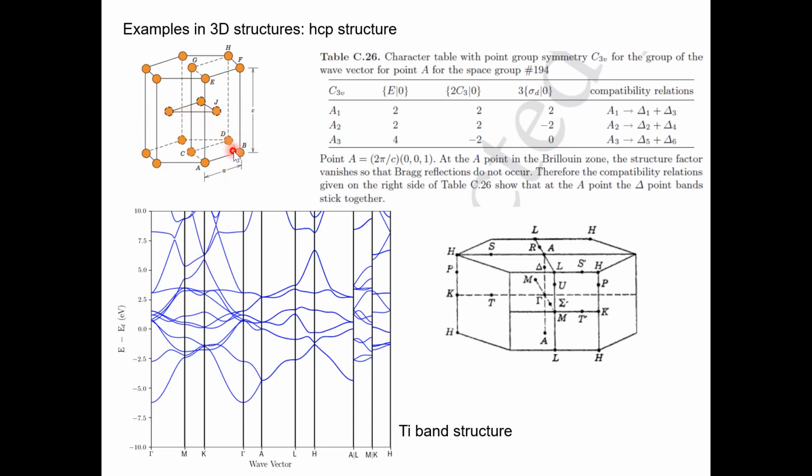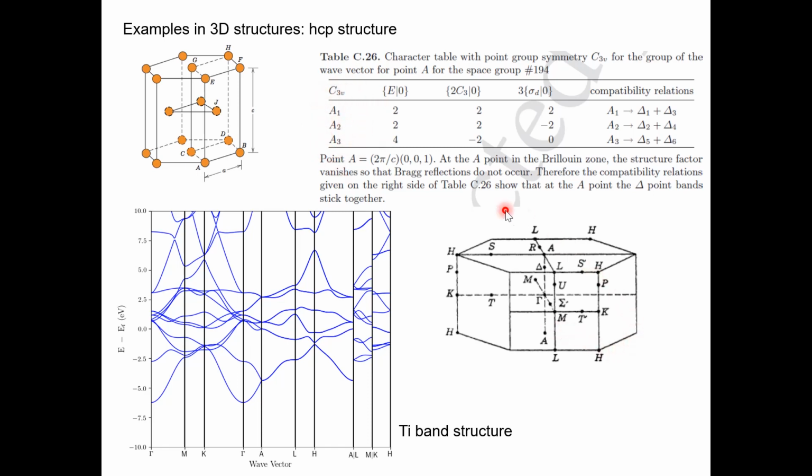It's a nonsymmorphic structure because some of the symmetry operations will require a translation by this vector that goes from the origin here to the middle of the unit cell. So in this case, bands will stick together at the so-called A point in the Brillouin zone.